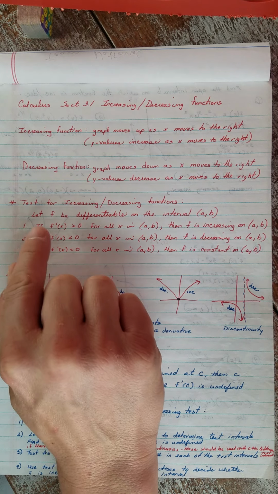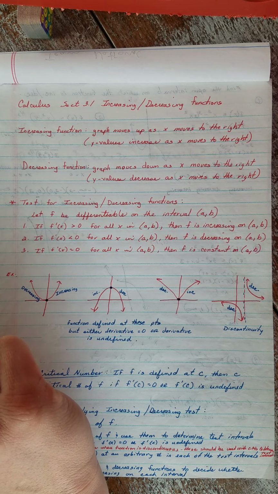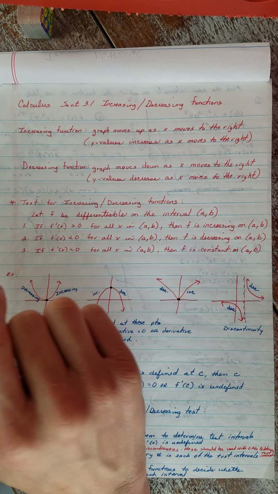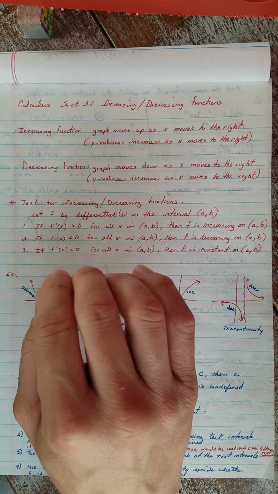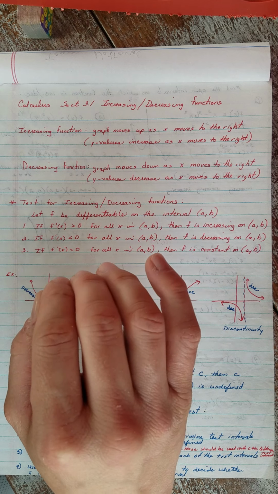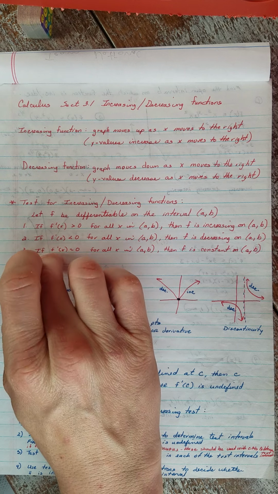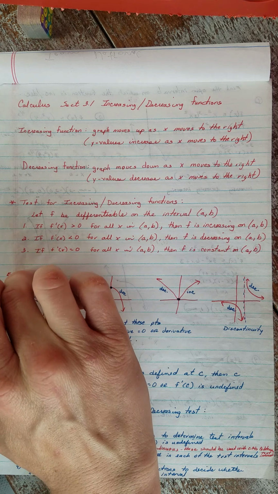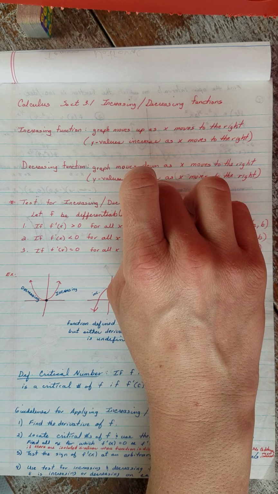So what we're going to be doing is running a test, okay? A test for increasing and decreasing functions, and basically it relates directly to the derivative. If you think about it, the derivative is a slope function. Well, we know that if a line has a positive slope, that means it's going up. Its rise is positive, okay?